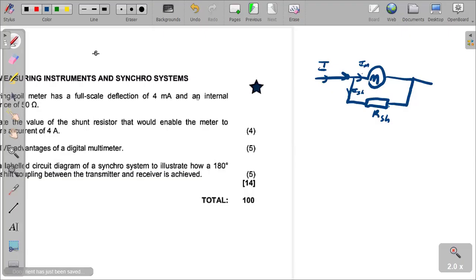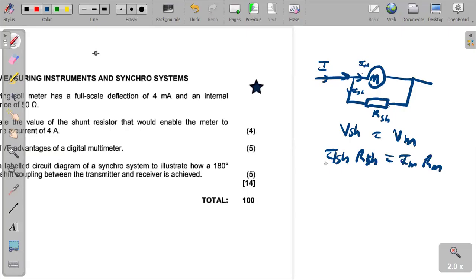When we are calculating R shunt, it's simply coming from a formula that we know. The voltage of the shunt resistor apparently is also the voltage of the meter. V shunt is equal to VM because they are in parallel. Hence, for that reason, I shunt times R shunt, which is V shunt, is equal to IM multiplied by RM.